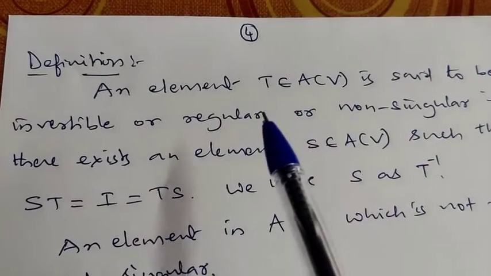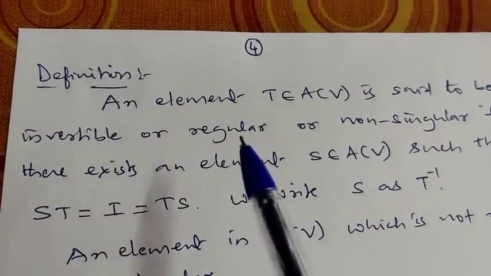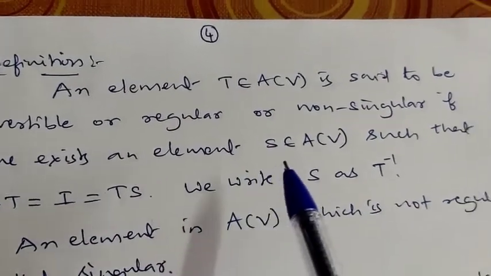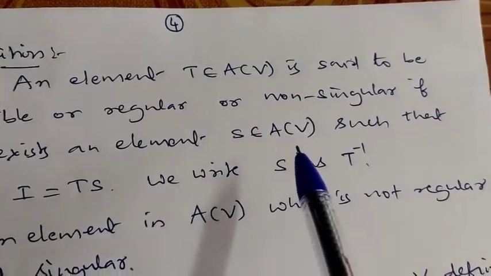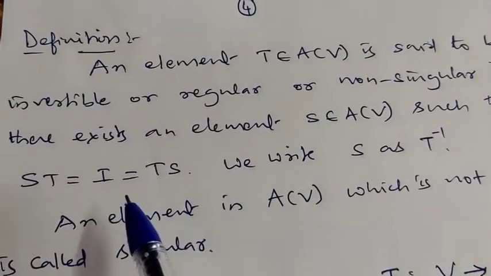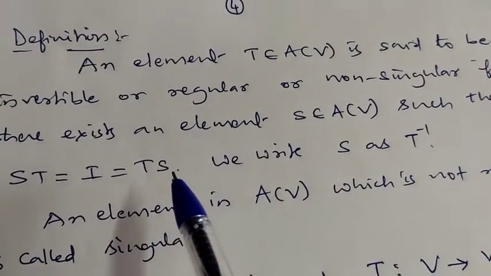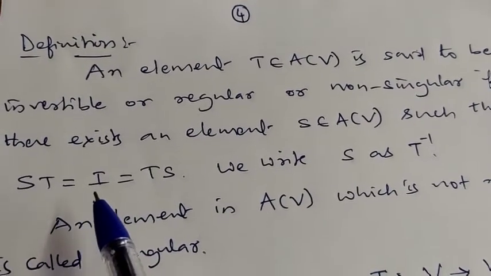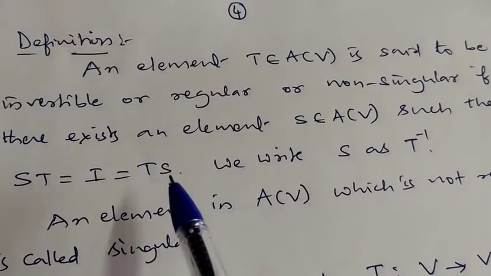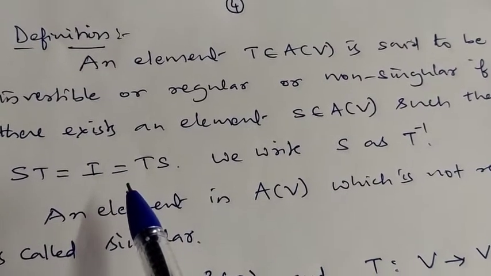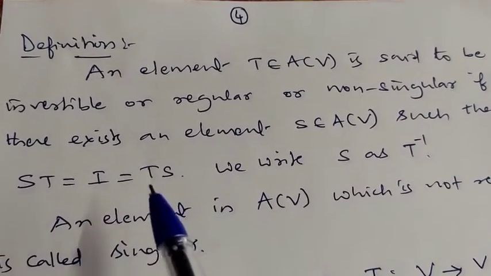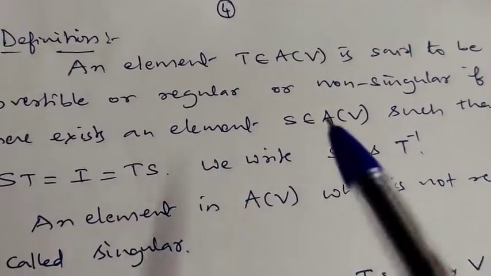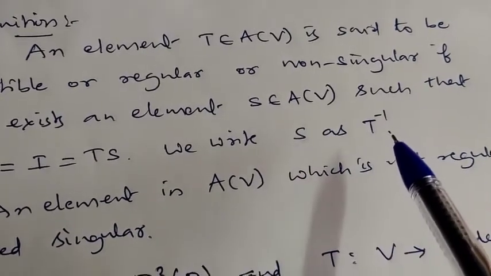So here the transformation t is said to be invertible or regular or non-singular if there exists an element s belongs to A of V such that s into t is equal to I, which is equal to t into s, because I have taken both conditions, because it may happen that s into t is equal to I but t into s may not be equal to I. I'll take such an example. Here s is called the inverse of t, and we write s as t inverse.